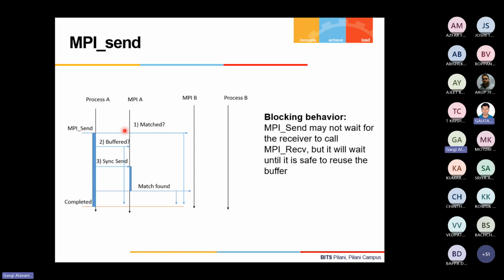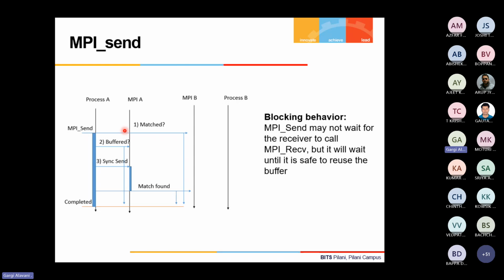The read will happen once MPI A transfers it to MPI B, when it crosses the boundary, and then process B will pick it up. So MPI A and MPI B are basically the MPI library and not the process. The library will buffer whatever data is sent.